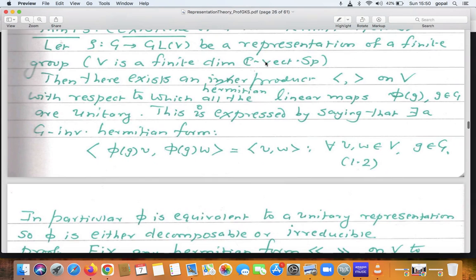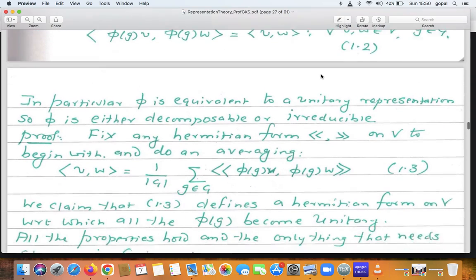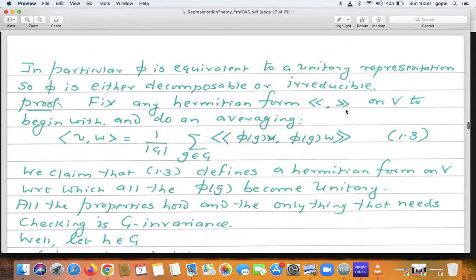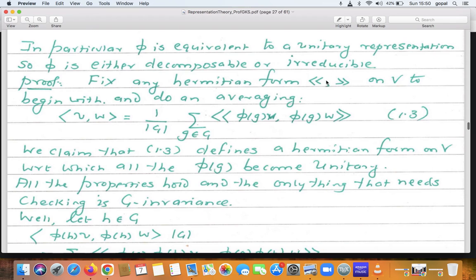How do you cook up this kind of Hermitian product? Very easy. You take any favorite Hermitian product, Hermitian form, fix a basis and work with it if you like, or work with Cn to begin with. You can take a fixed Hermitian form on the vector space V, in double brackets.